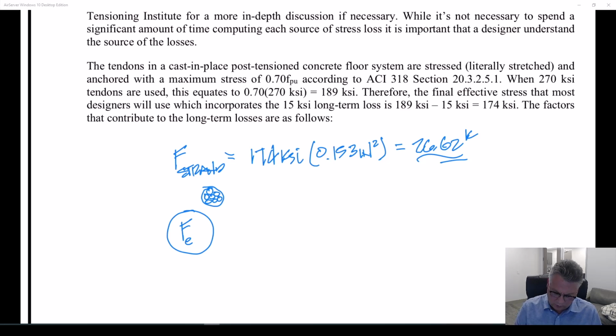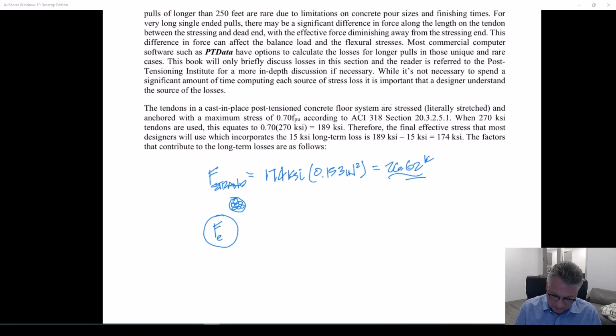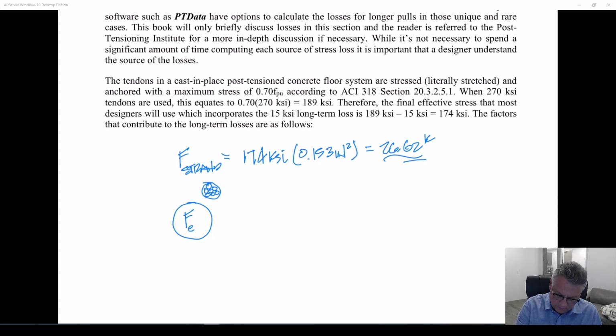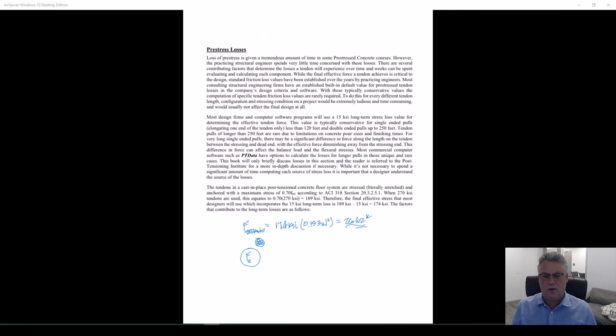So sometimes I'll have a sub E in there that's not meant to be the eccentricity. I try to make that a smaller E, so it's not F times E, it's just F sub E. Slightly confusing if you're not 100% sure about what we're talking about.